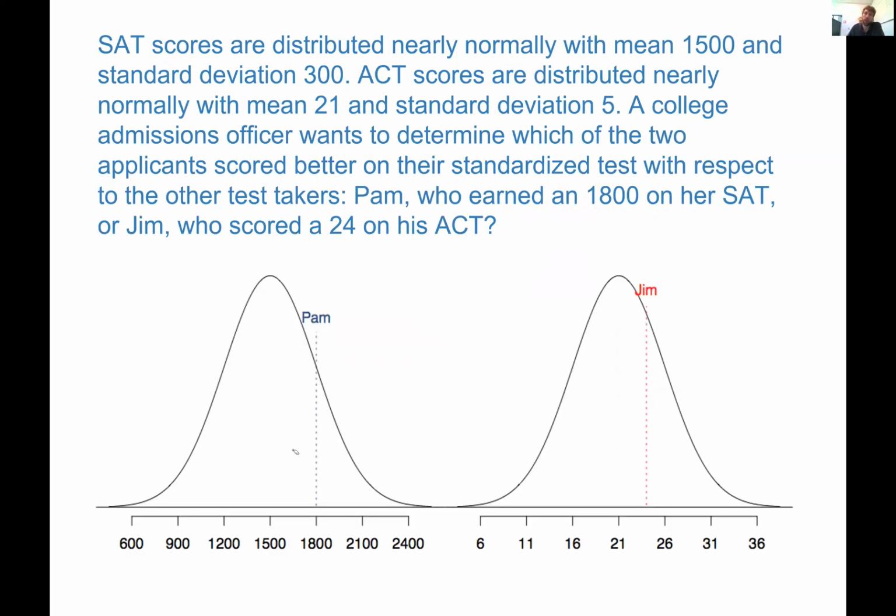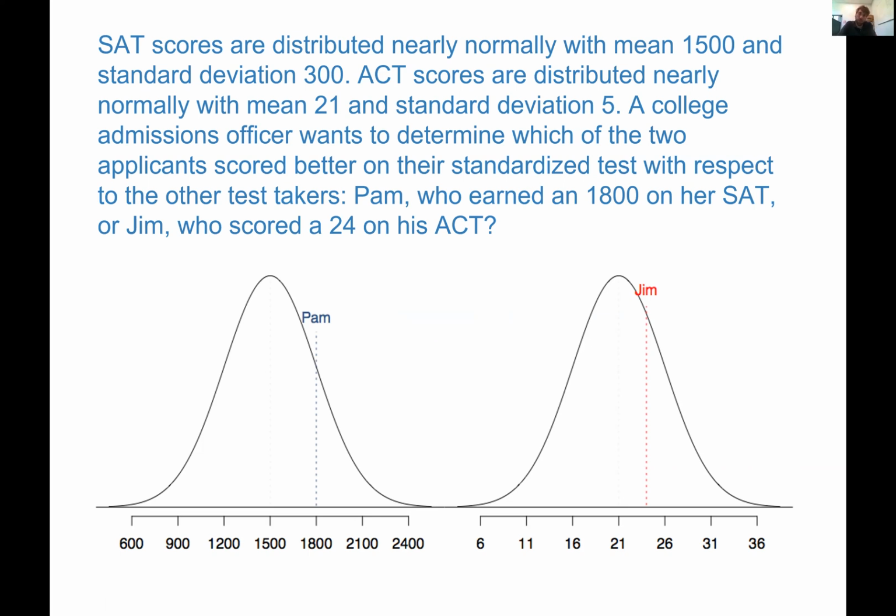Okay, so SAT scores, let me move myself down here. SAT scores are distributed nearly normally with mean 1,500 and standard deviation 300. ACT scores are normally distributed with mean 21, standard deviation 5.